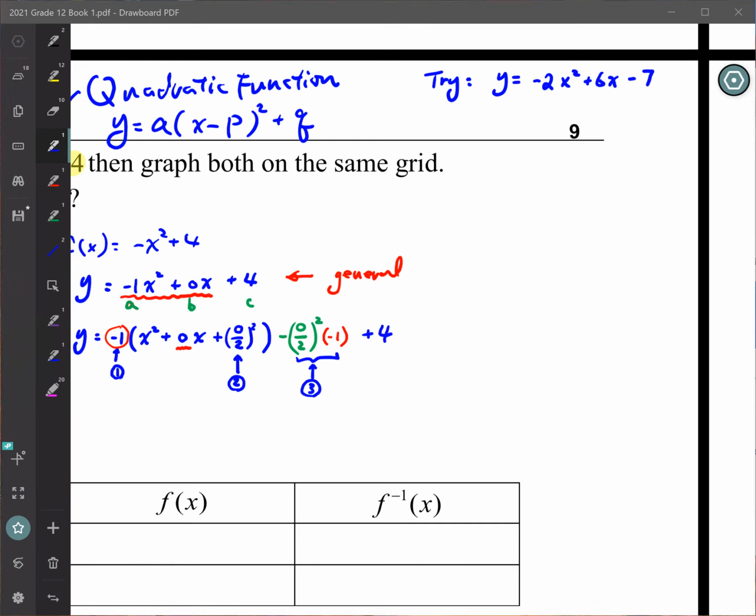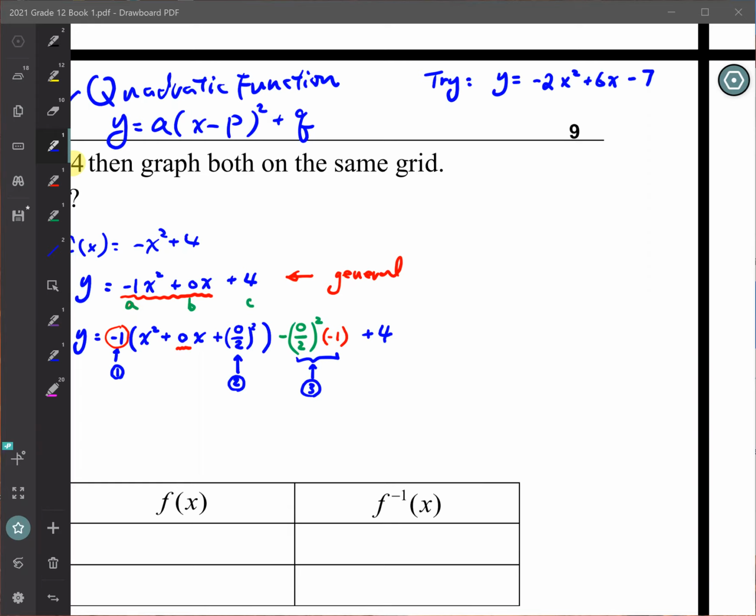Step 1, you ignore the last term and factor the a. Step 2 is you need to add in the middle coefficient, divide by 2 and square. Step 3 is you need to balance it back.